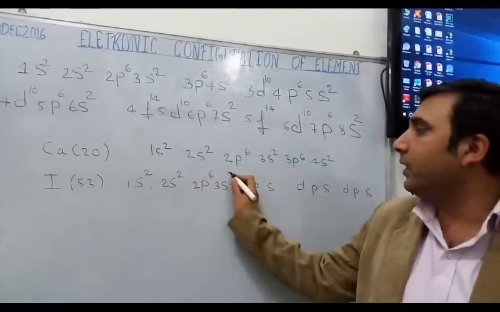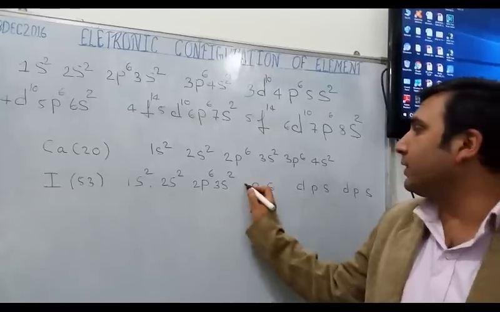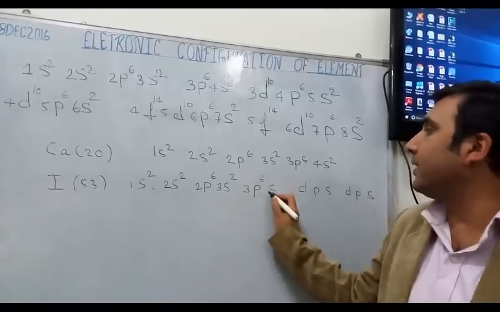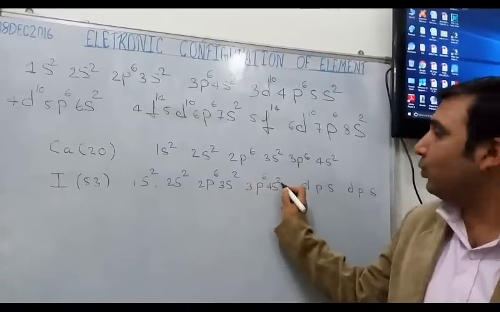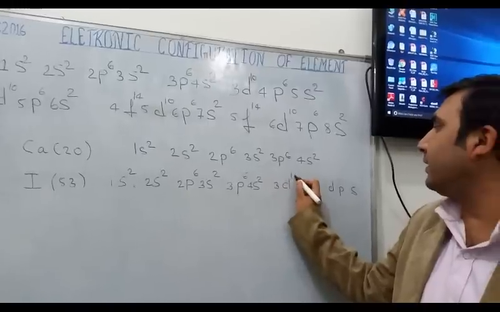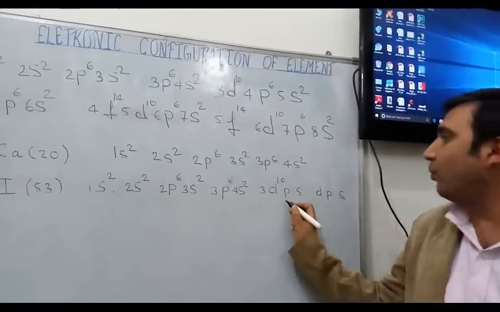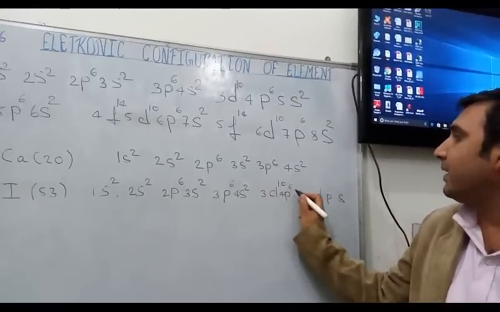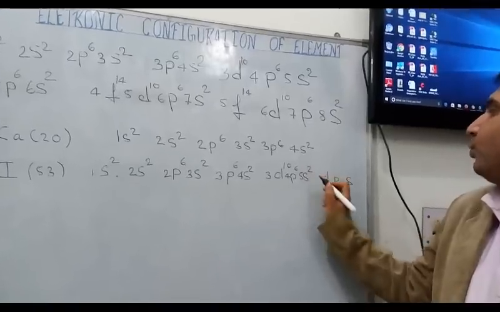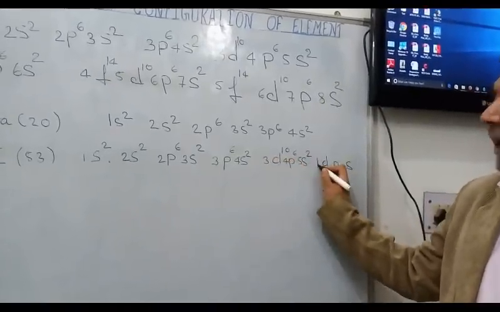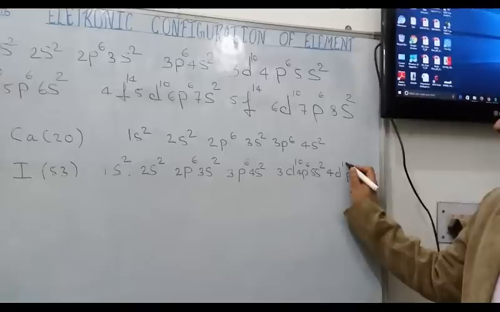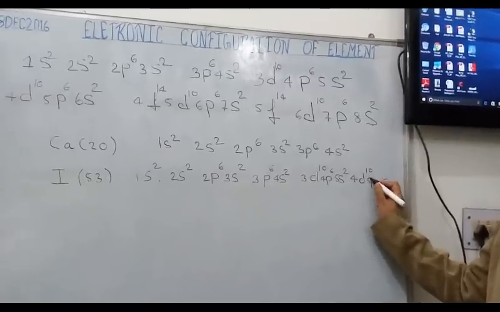After 2p what comes? 3s2, after 3s, 3p6, then 4s2, then 3d10, then after 3d what will come? 4p6, then 5s2, then 4d10, then it will come 5p.